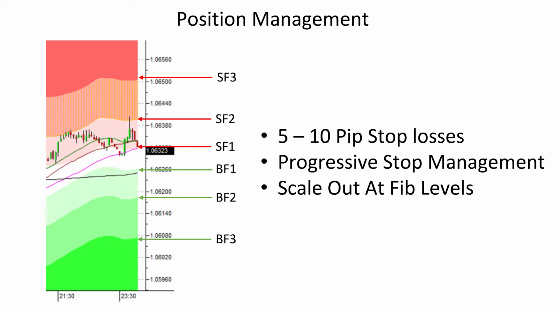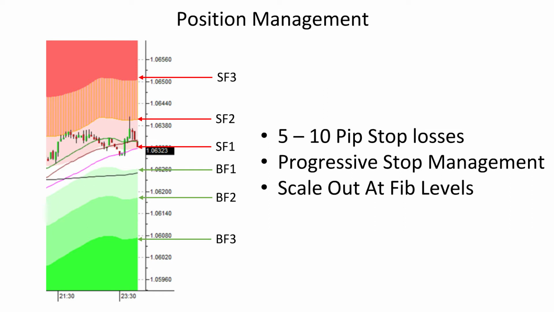But at that point, I'm protecting the position, stop to break even, which brings me to my next point, which is we use what we call progressive stop management, where we're always trying to eliminate the risk. Basically what that means is when we get into a trade, our initial stop loss may start out at 10 pips, 7 pips, or 5 pips, depending on the trade opportunity.